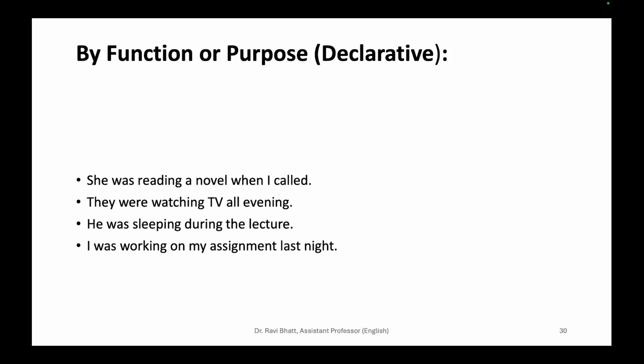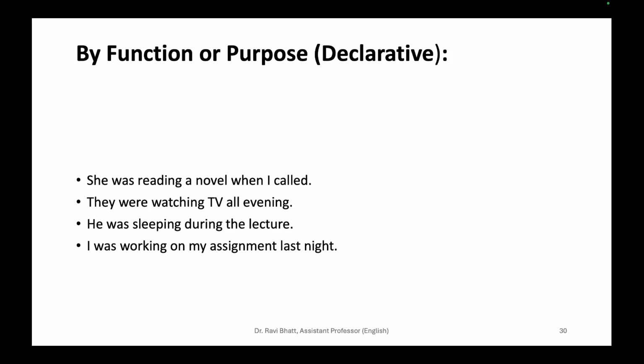They were watching TV all evening. He was sleeping during the lecture. And I was working on my assignment last night. So I'm referring to a specific action of the past. Specific action of the past is being referred to.